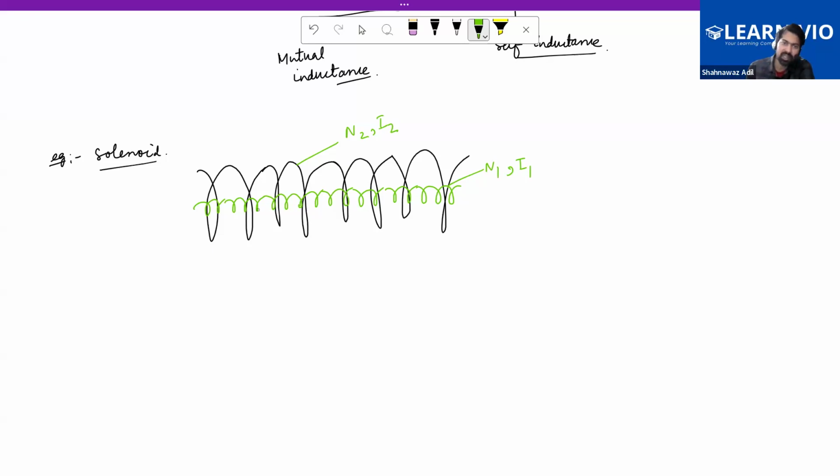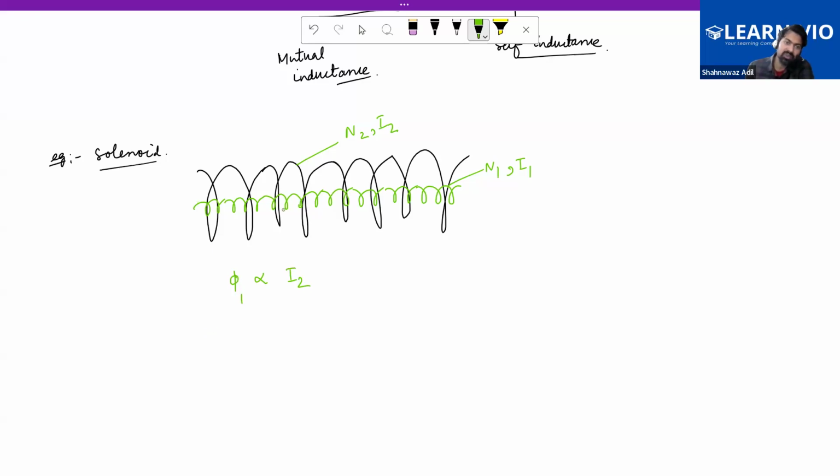This flux, phi 1, would be directly proportional to the I2 current, right?